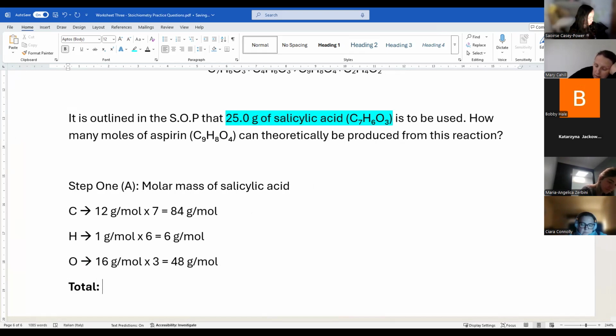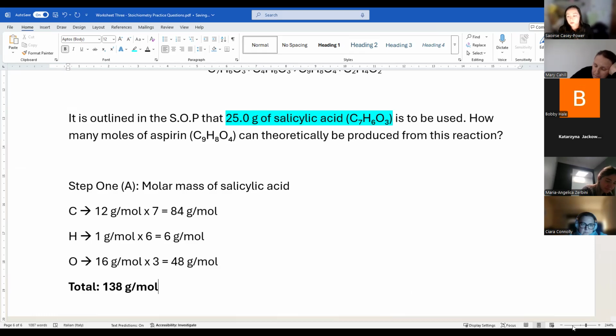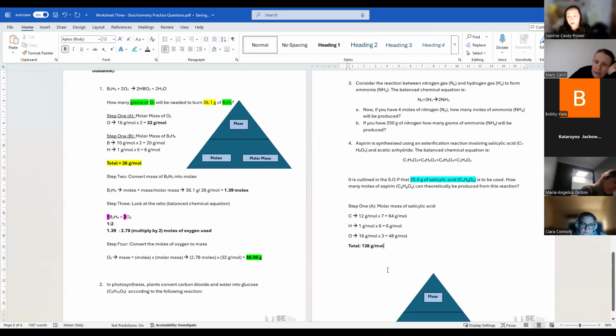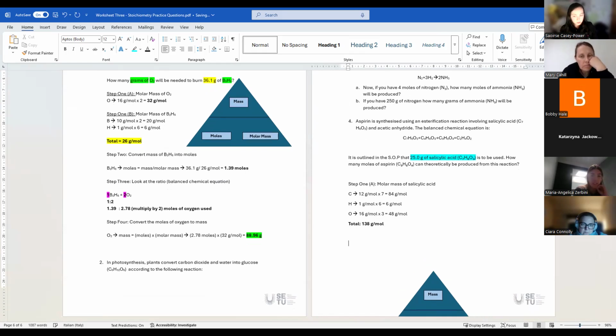All right, so to get the molar mass, you add each one of those up, which what we should be getting here is 138 grams per mole. So the very same as what we've had before. Okay, so moving on to step 2 then.